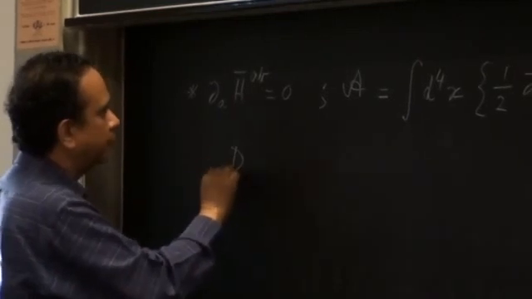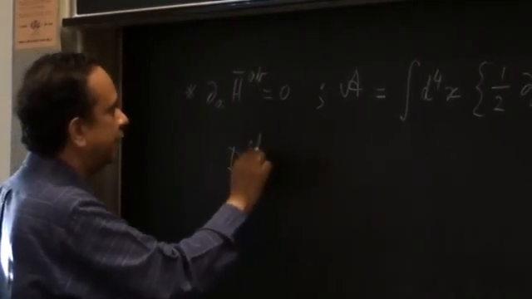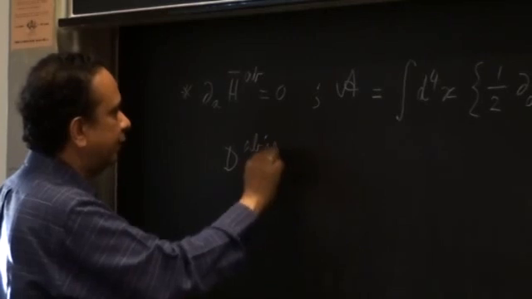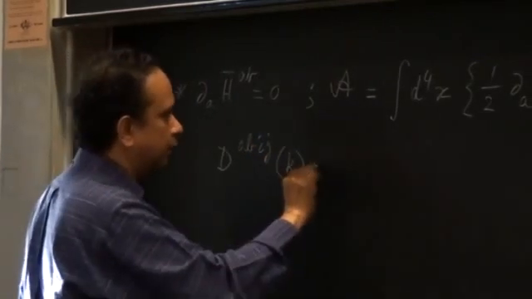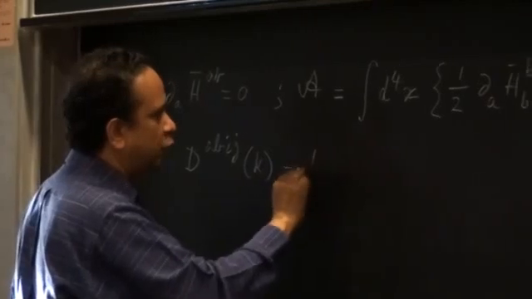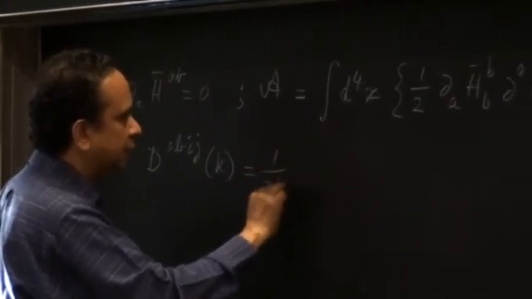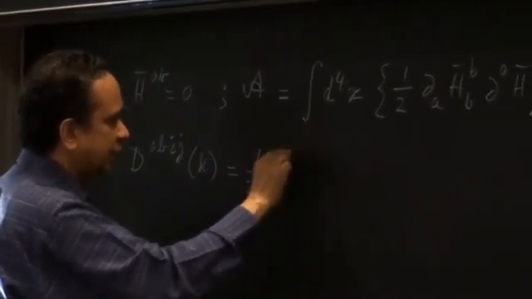I can write it as some, let us say, D_AB,ij of k. Again, I think it is 1 by 2k square with a positive sign, but the correct expressions are always in the notes.